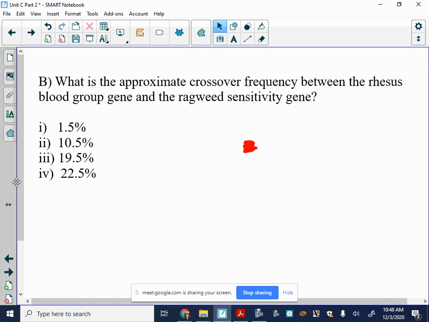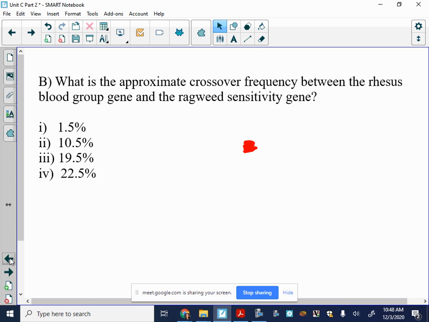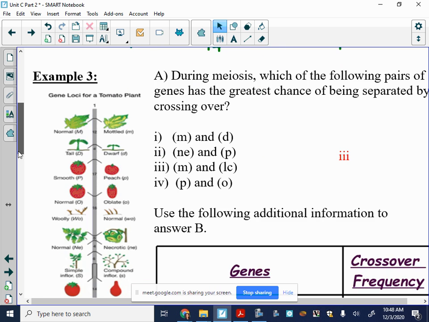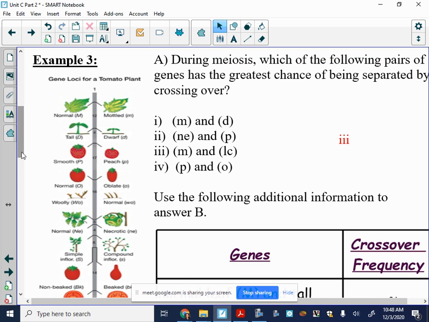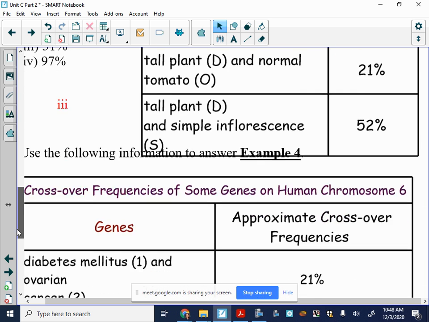Oh no, you don't have this example. Oh, I don't have any more examples. Okay. Try the ones that are, oh wait, here we go. Oh, you don't have any of these either, do you?